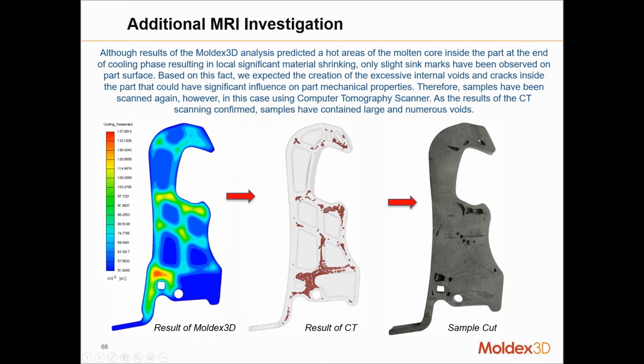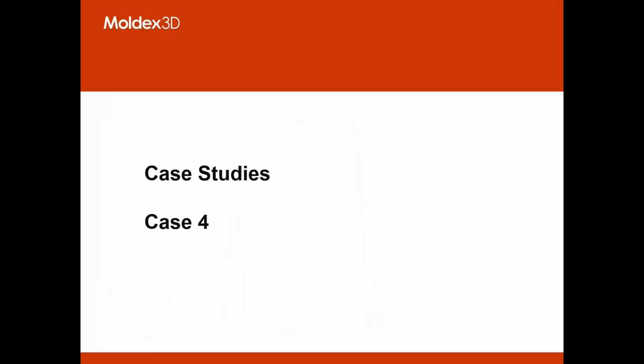When they cut the sample, a layer of the part, you can see where you have your voids, and these are indicated also by where you have your higher temperatures from the simulation, meaning indicative of hotspots, indicative of higher shrinkage, and occurrence of shrinkage voids. So this was a very interesting case study that was done by one of the companies.